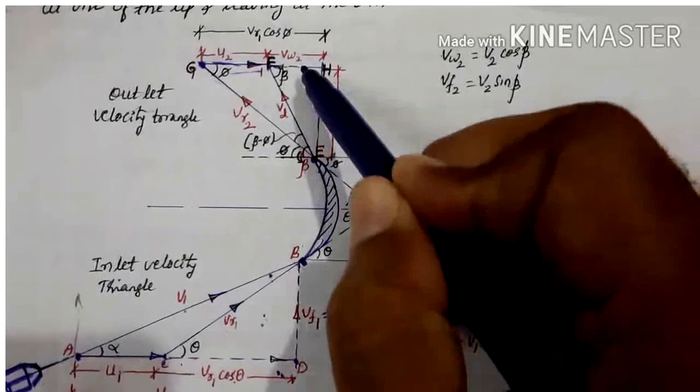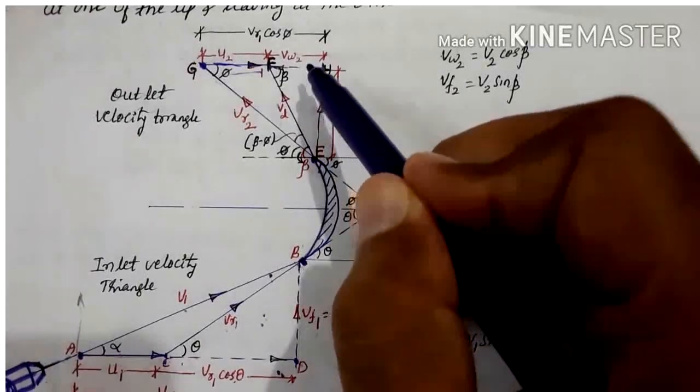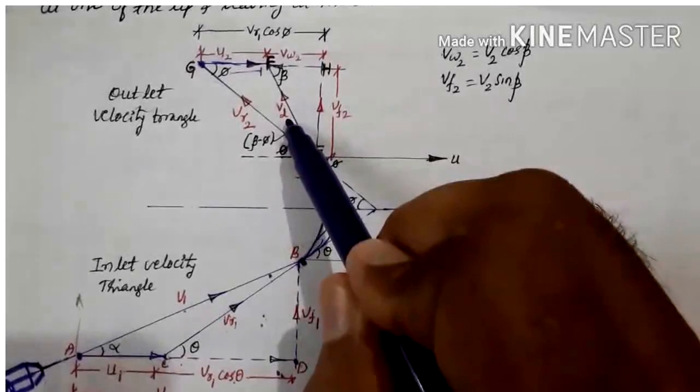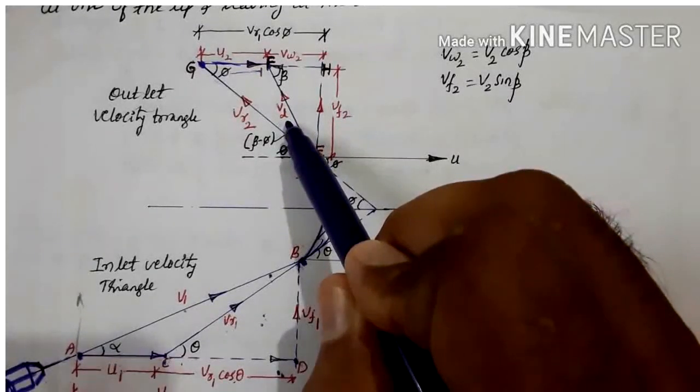This VF2 and VW2 are nothing but the components of velocity V2 at outlet.